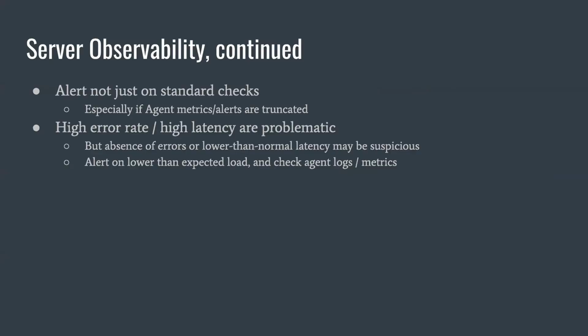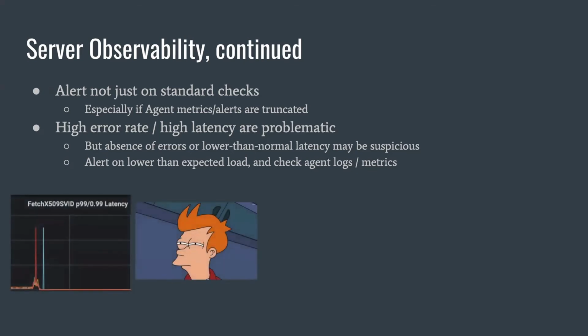Going back to what I mentioned about black box alerting against the Spire agent, for Spire server alerts, you shouldn't just be alerting on the standard stuff like high error rate or high latency. Having, at scale, an absence of errors or lower than normal latency is actually a little bit suspicious.